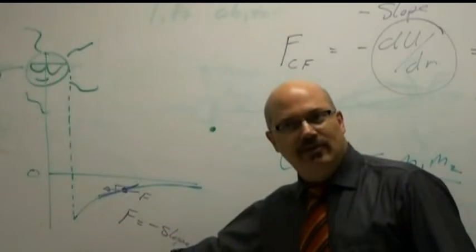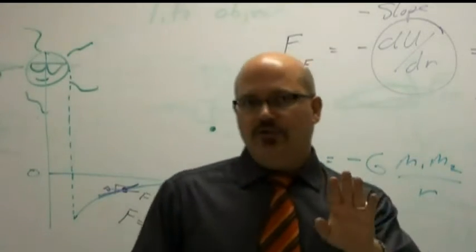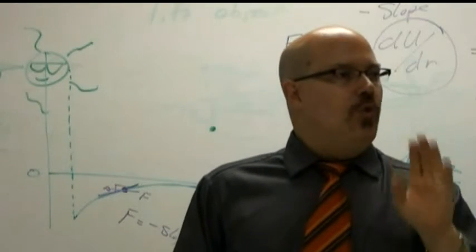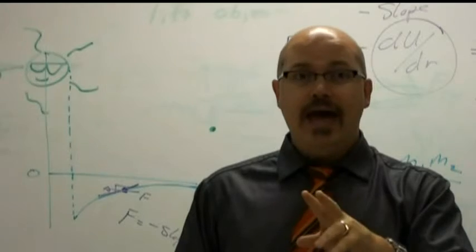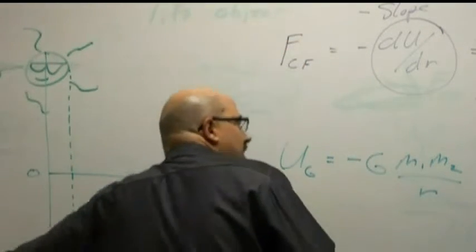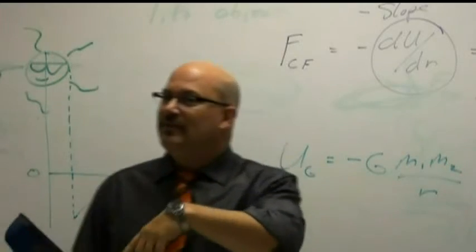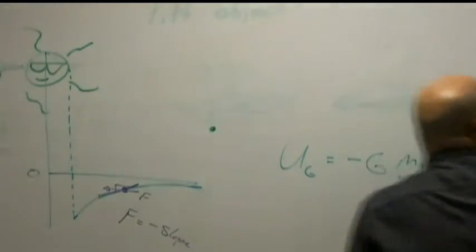Towards lower potential energy. Think about that for a second. Objects naturally want to move towards lower potential energy. If they can, they will. They want to give up their potential energy if possible. Okay?